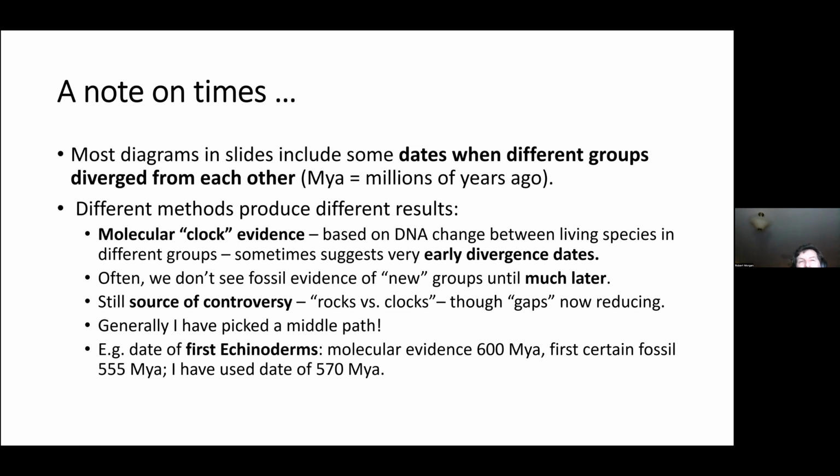The problem with this is, particularly in the early days of it being done, some of the divergence dates were extremely early in the history of life, a very long time ago. And there's no fossil evidence of the new groups arising until much later.